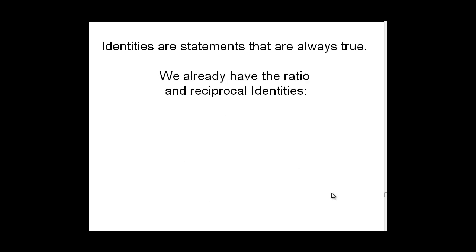First thing we need to look at is what an identity is, and that is a statement that is always true. We have ratios and reciprocal identities that we've already covered. We just didn't discuss them as being identities. The four that we've already looked at are tangent, cotangent, secant, and cosecant. Tangent as a ratio, as a fraction, is sine over cosine.